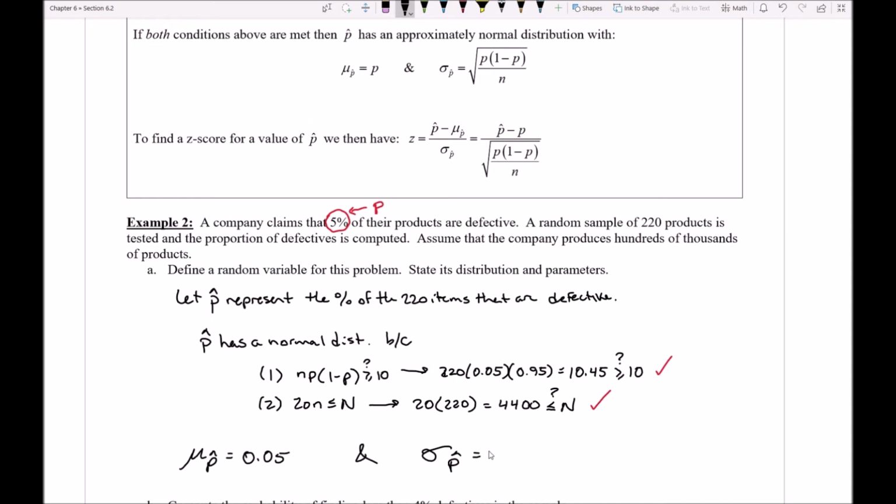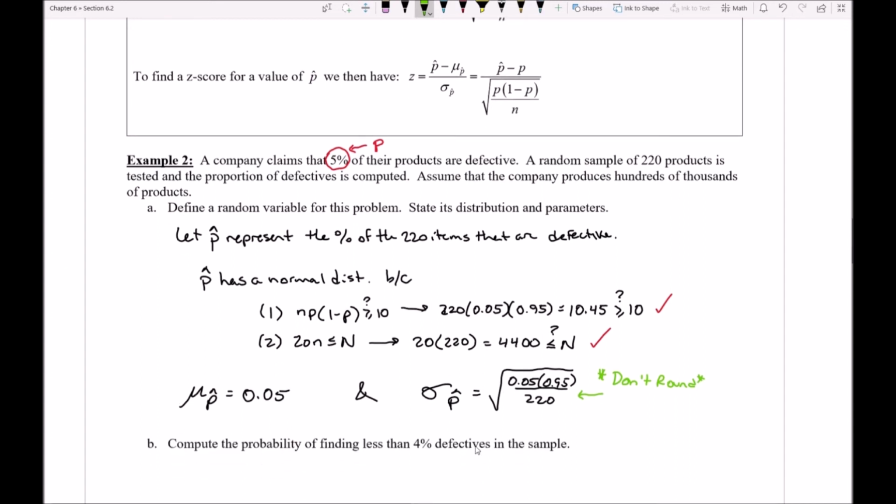So I'm going to end up with p, and 1 minus p is just 95%, over 220. And again, I'm going to put the same disclaimer that we did back in the video on x bars: let's always make sure that we don't round this value. I don't want to hand a rounded value to the calculator. I'm just going to give the calculator exactly this value to work with.